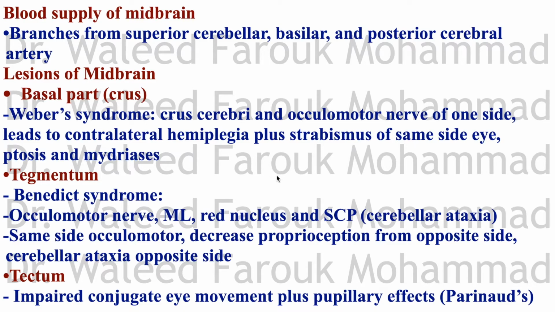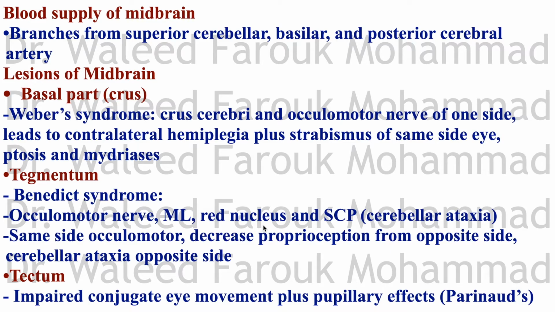Lesions in the tegmentum are called the Benedict syndrome. It involves the oculomotor nerve, so the same as the Weber's. There will be strabismus of the same side eye, ptosis, and mydriasis. But because we are in the tegmentum now, deeper structures, we have the medial lemniscus, so loss of the fine touch and proprioception.